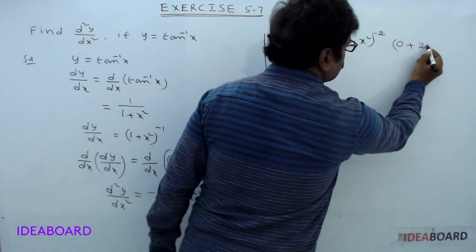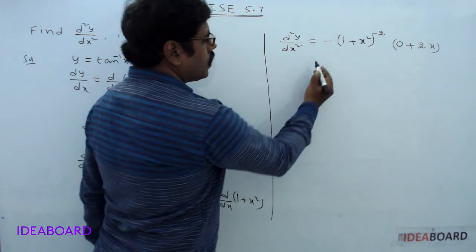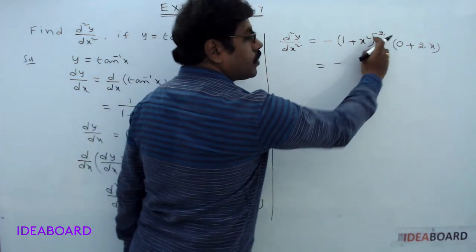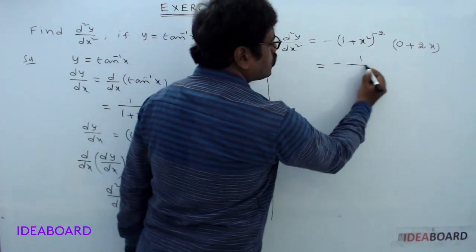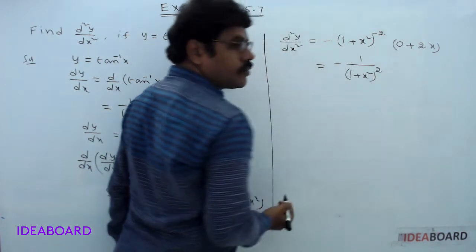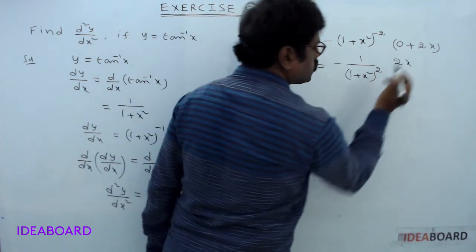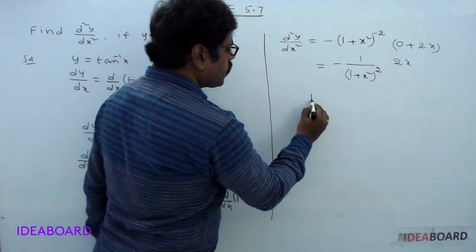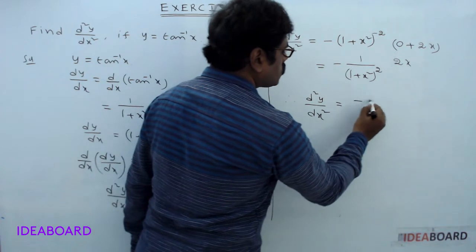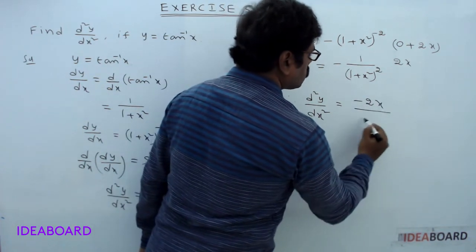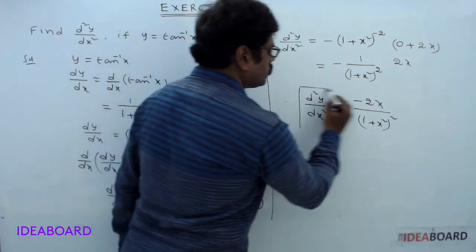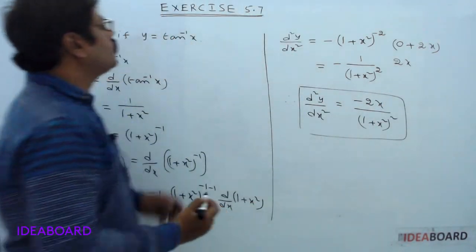The derivative of x square is 2x. Now this equals minus (1 plus x square) whole power minus 2, which can be written as 1 upon (1 plus x square) whole square, into 2x. So therefore d square y by dx square equals minus 2x divided by (1 plus x square) whole square. Now this is the final answer to our given problem.